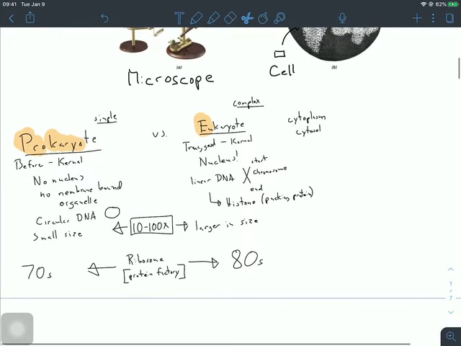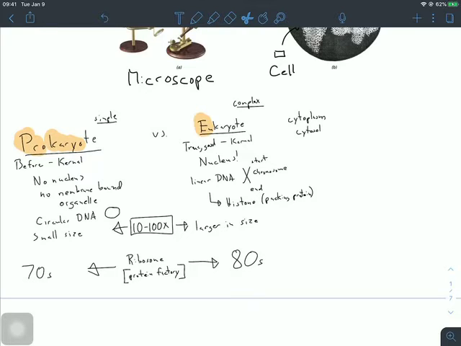So, going back through prokaryotes versus eukaryotes, we have prokaryotes being the before kernel or no nucleus group. They are generally much more simple, smaller in size, have circular DNA, and smaller ribosomes. Eukaryotes are much more complex generally. They have a true kernel or true nucleus.